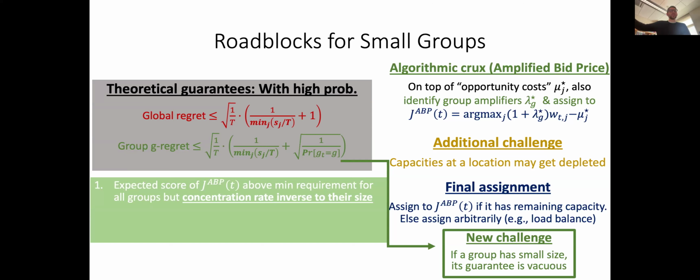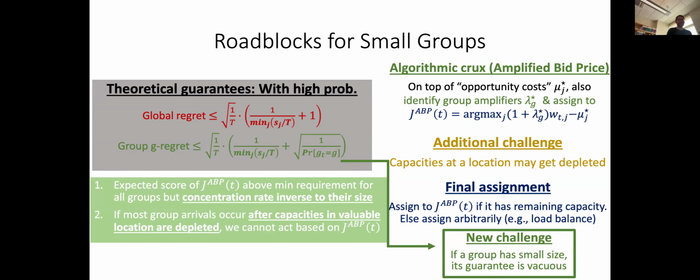If a group is small, you just don't have that many samples. And the second is, if you have a small group and most of the arrivals of that group occur after capacities in valuable locations are all depleted, then we cannot even act based on the amplified bid price.